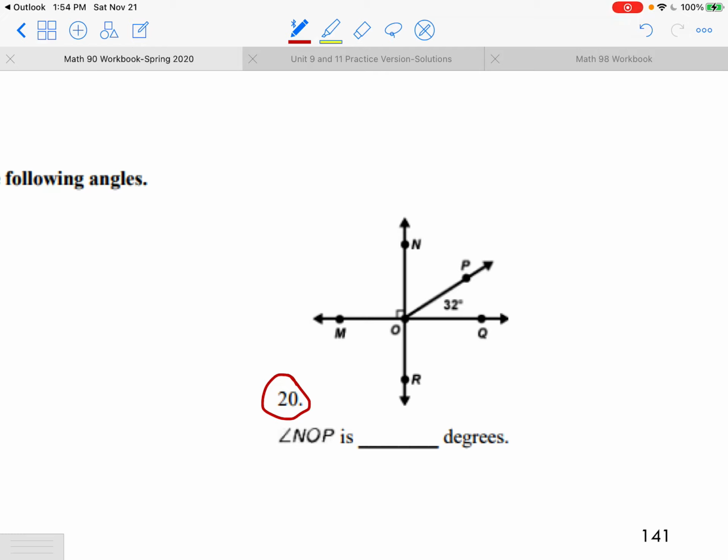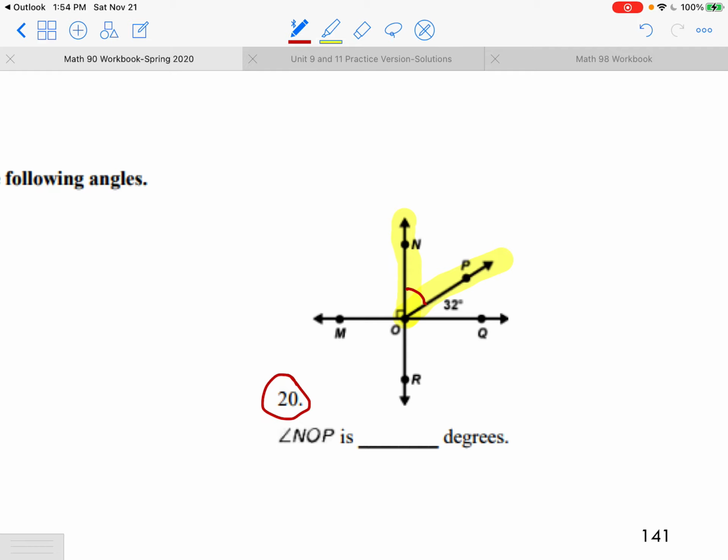All right, NOP, let's first figure out where that is. We're talking about N to O to P, this angle right here. We start by thinking about the angle relationships that we know, and we use what we can see in our diagram.